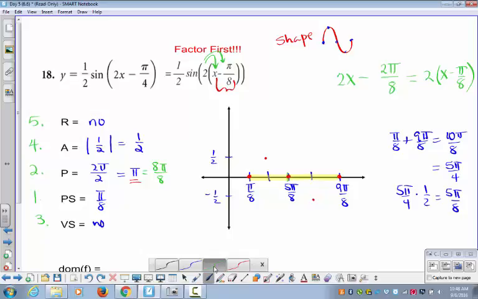If there was a reflection, instead of up on the left, down on the right, we'd just switch those. So it'd be down on the left, up on the right, if there was a reflection. Now we connect the dots. And there's the first period of our transformed sine.